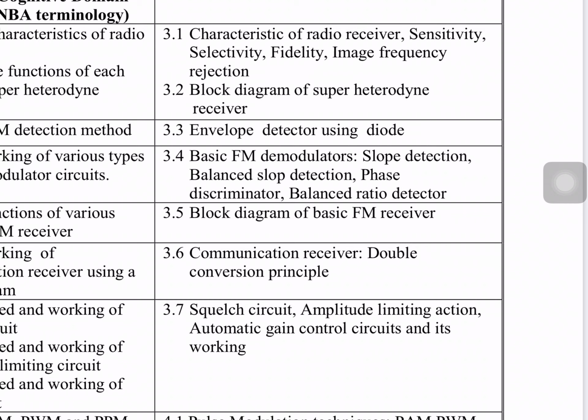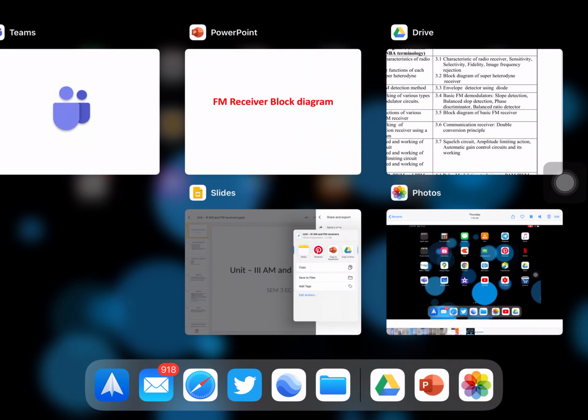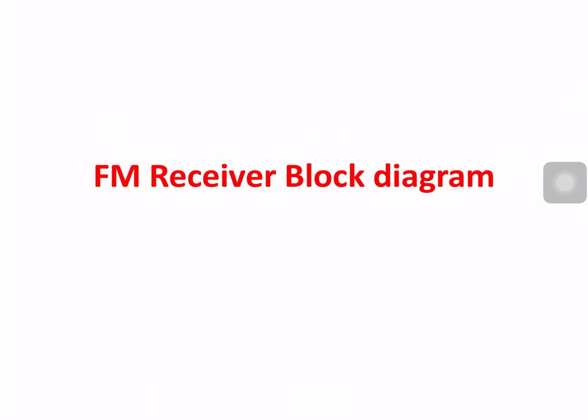We understood slope detection, balanced slope detection, phase discriminator, and balanced ratio detector. These were the four main techniques we have seen till date. The slope detection technique is the basic technique, and from that we derived balanced slope detection.